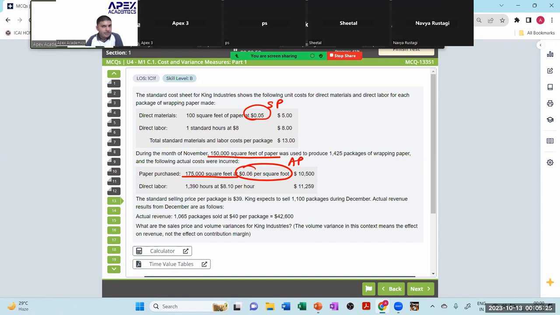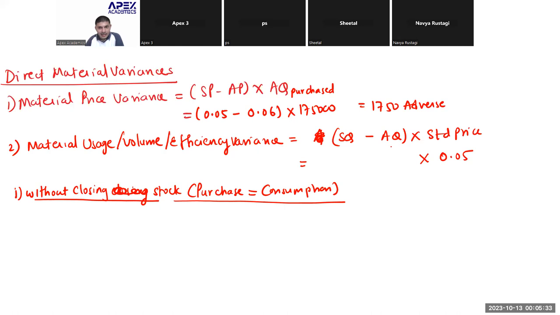Have you understood my question, Sheetal? Yes, sir. If I say that purchase is equal to consumption, can I say that actual quantity will be 1,75,000? Correct? Because see what is my purchase? 175.